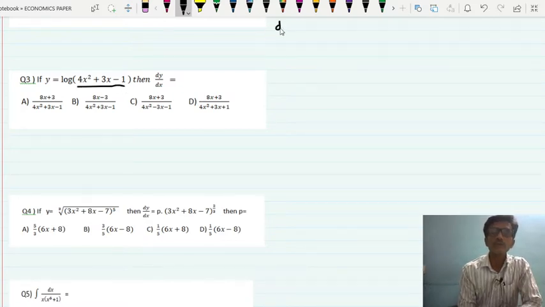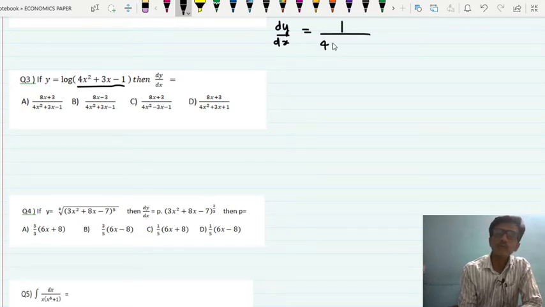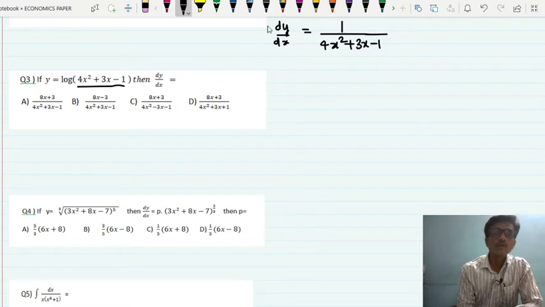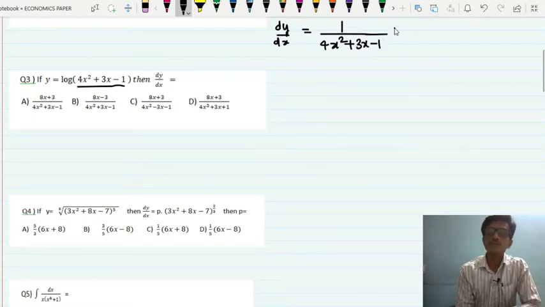So dy by dx is equal to 1 upon f(x), that is 1 upon 4x square plus 3x minus 1, into the derivative of this, so into d by dx of 4x square plus 3x minus 1. This derivative will be 8x plus 3.